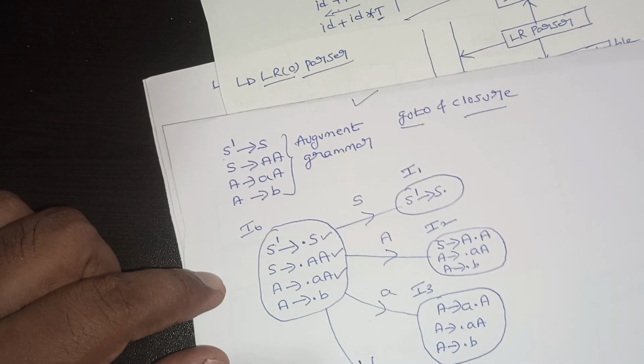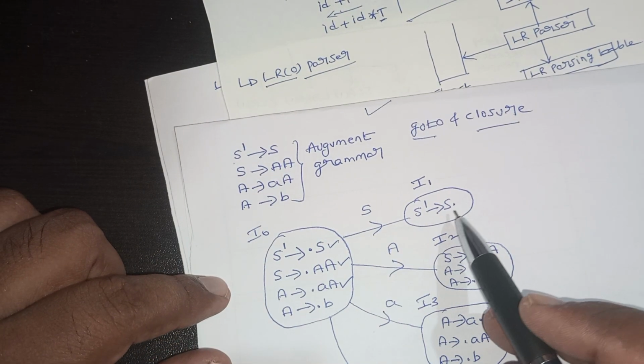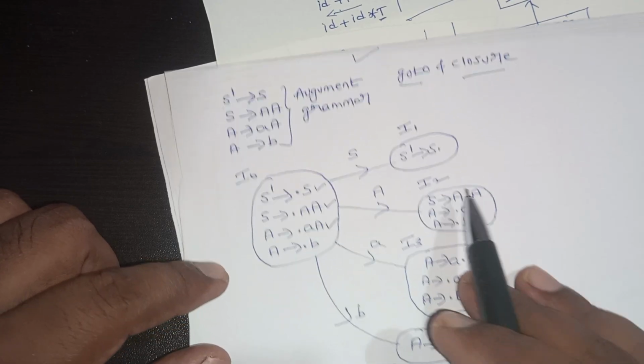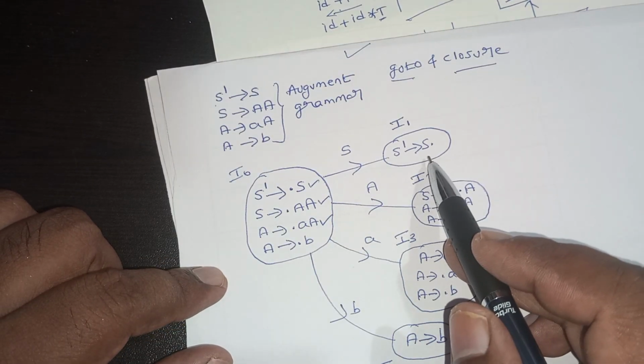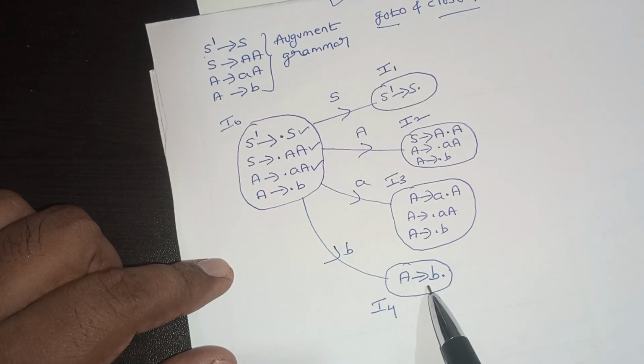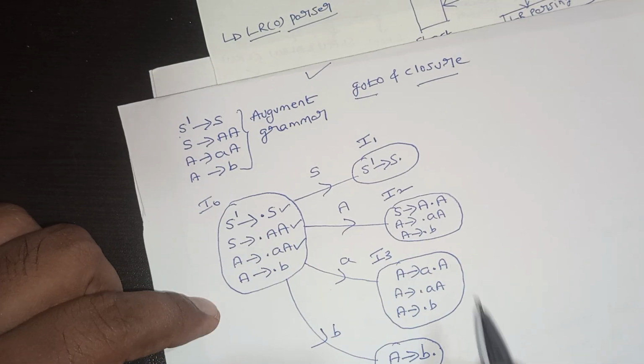Now see, always make a note here: you can't do anything. Why? Because the dot is at the rightmost. This is called a final item. It means you are unable to move the dot anywhere.